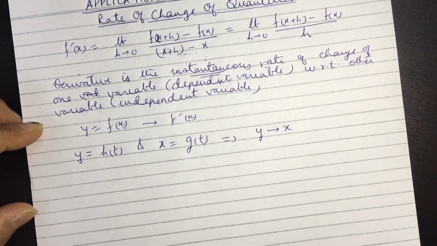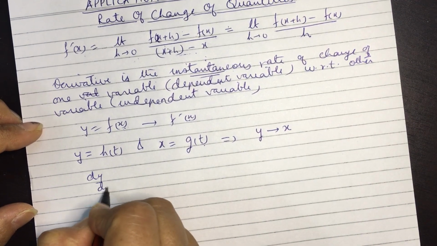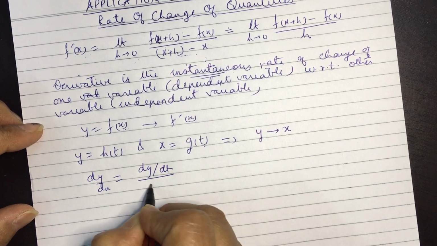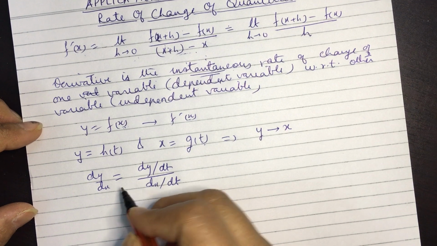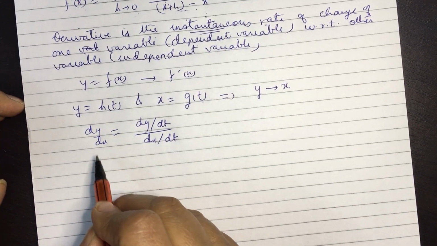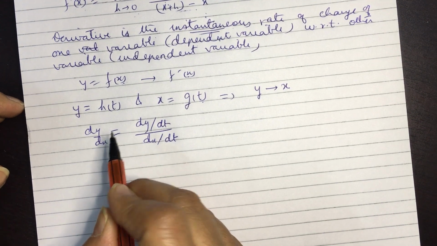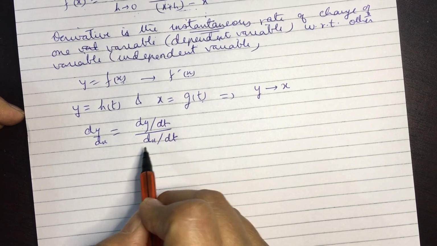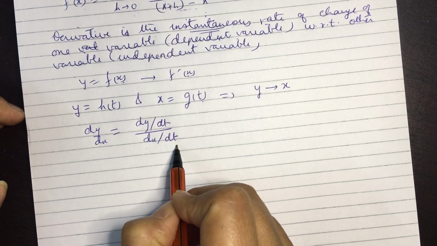Then dy by dx is nothing but dy by dt upon dx by dt. That's how we find the rate of change of y with respect to x: the change in y with respect to t upon the change in x with respect to t.